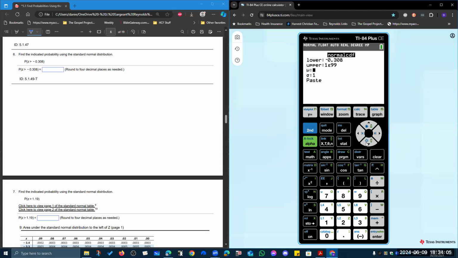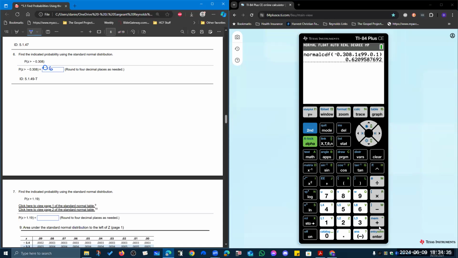It's a z calculation here, so the mean is 0 and the standard deviation is 1 for my standard normal distribution. I'm going to paste that in here. It says normal CDF is the command, and then it gives the lower bound, upper bound, mean, and standard deviation. I'm going to calculate that, and then it wants me to round to 4 decimal places, just like I would get from my z table.